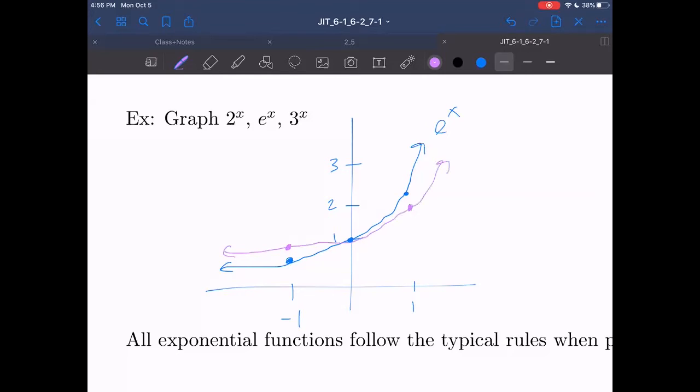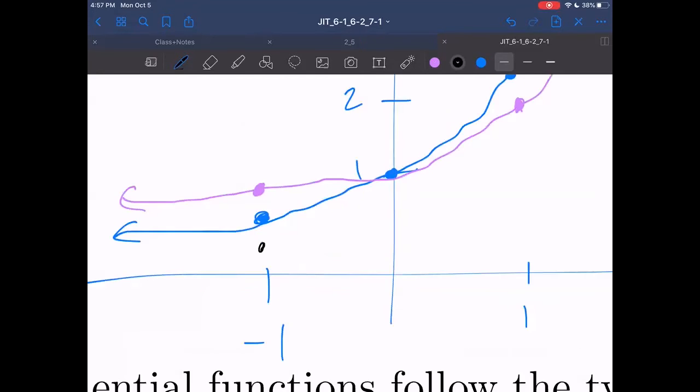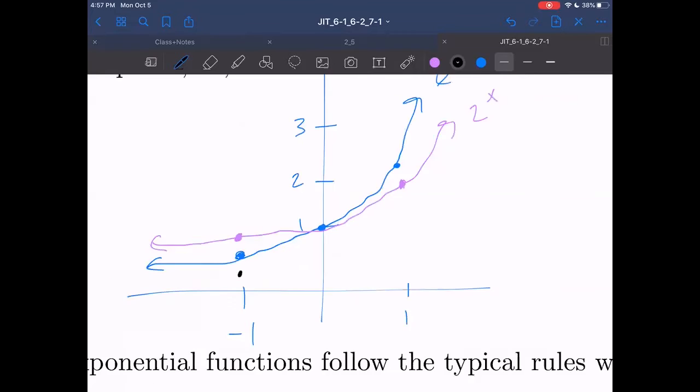They'll all go through the point (0, 1). So that's 2 to the x. Okay, and then lastly, 3 to the x. Be about 1/3 here. And 3 up here.